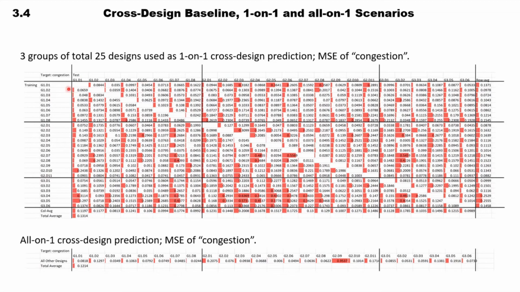There are 25 by 25 one-on-one test cases with mean square error listed as the table entry. The second table is all-on-one, where the top row is the test designs, with all the other designs used as training designs, excluding the test design itself.